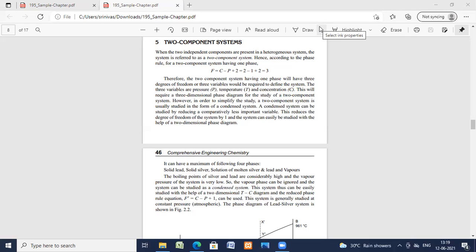Calcium carbonate system: calcium oxide plus carbon dioxide. Here in this system, each phase is expressed with any of the two constituents. Calcium carbonate has a composition of CaO plus CO2.